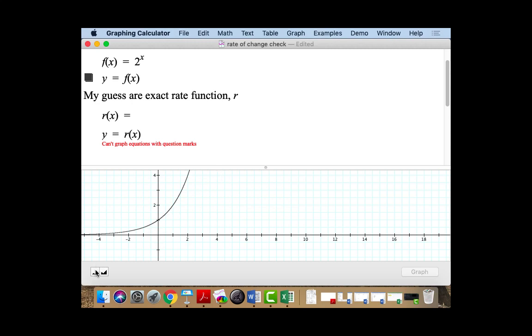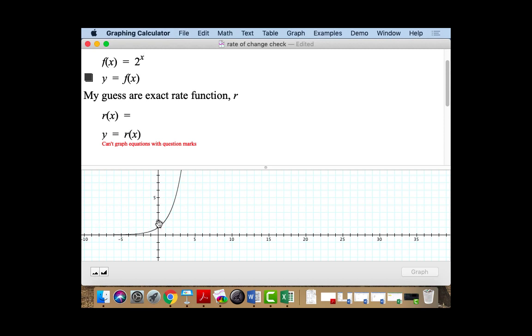I'm going to zoom out a little bit. So exponential growth function has a horizontal asymptote on the left side and grows more and more quickly as we go to the right. So this is y equals 2 to the x, or f of x equals 2 to the x.